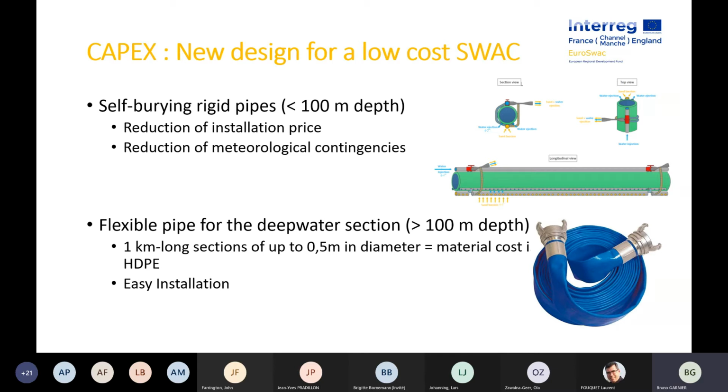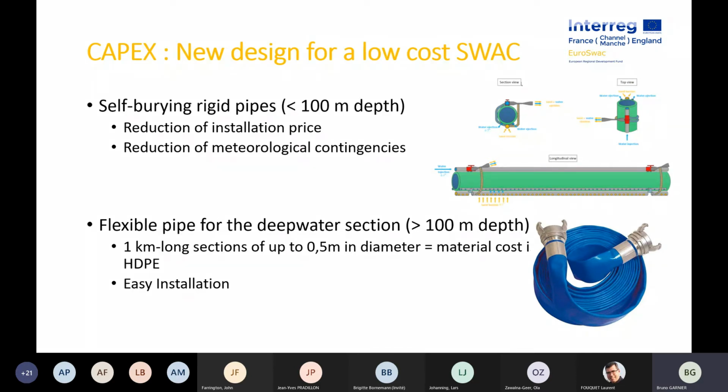So the first thing I'm going to talk about is the new design for a low-cost SWAC. We work on two projects on this part. There is a project that is close to the shore, that is the self-burying rigid pipes.